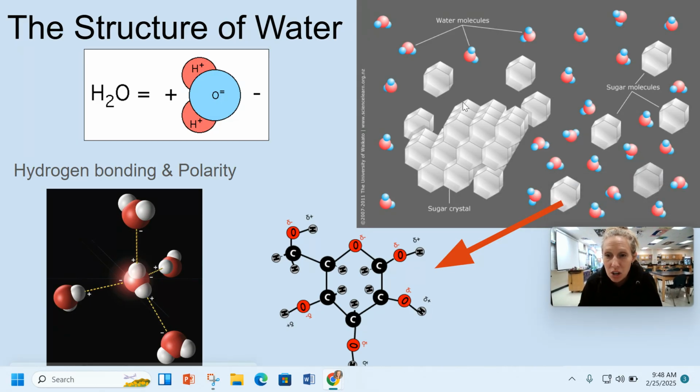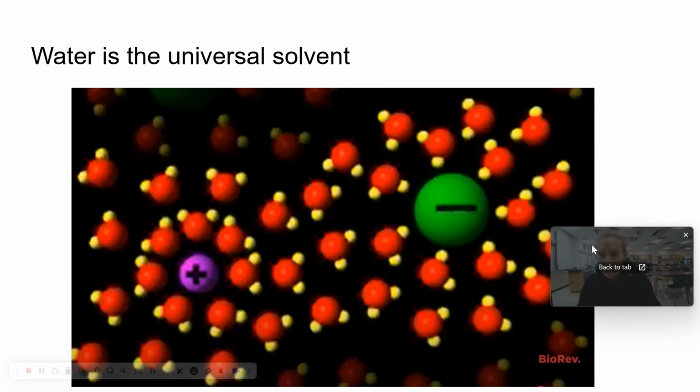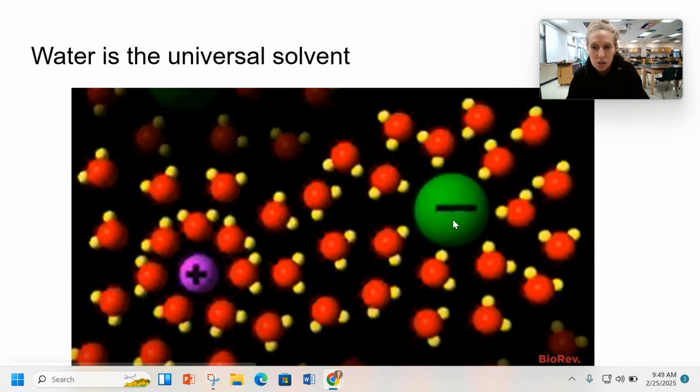So in this picture here, let's say you plunk some sugar into a glass of water. Well, when you take a closer look at these glucose molecules, you see these slightly positive and negative regions that water will be attracted to. And when we did our activity in class, we had the sodium and chloride.